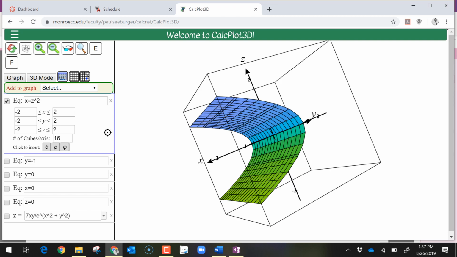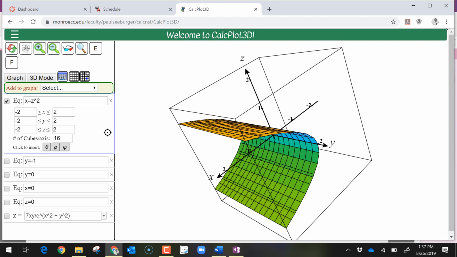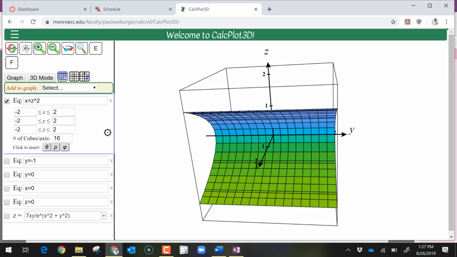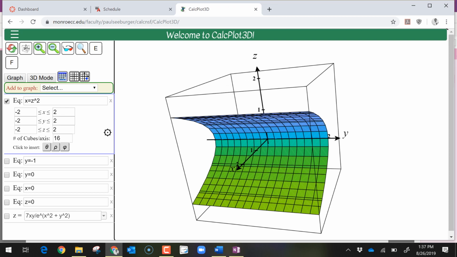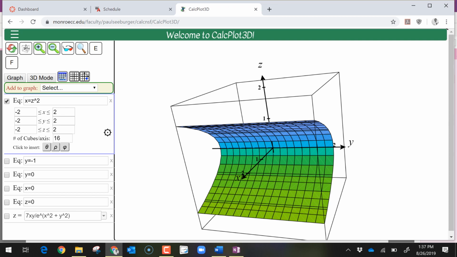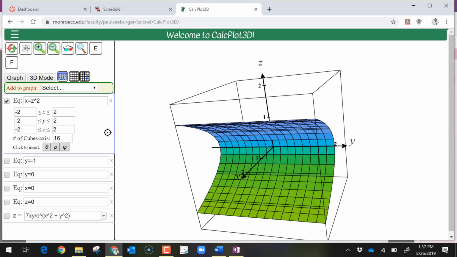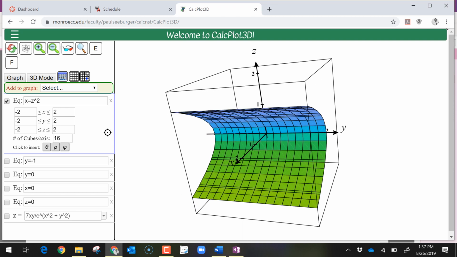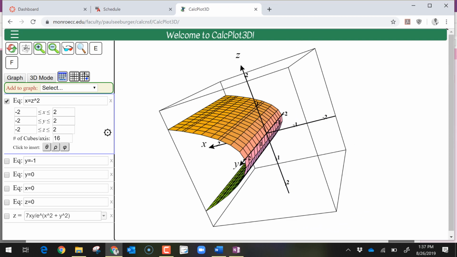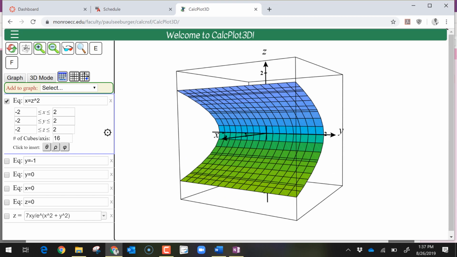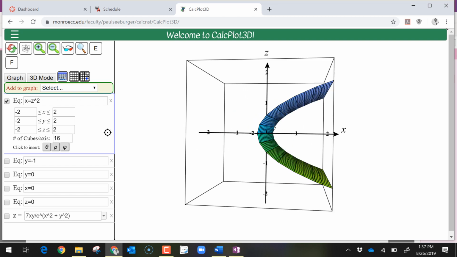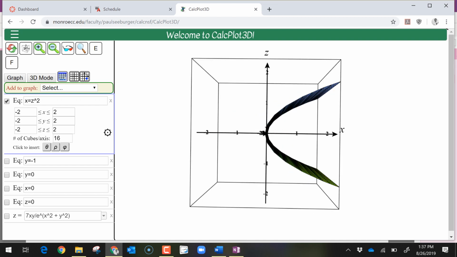So with a graphing program like this, you can take the view from different angles. My drawing just went like this, whatever that is. It's hard to see, but if you look at it from a different point of view, what? I'm not able to turn now. There we go. There's that parabola opening up towards the x-axis like we drew in 2 dimensions. Or I guess we should look at it from this way because that's when x is positive.